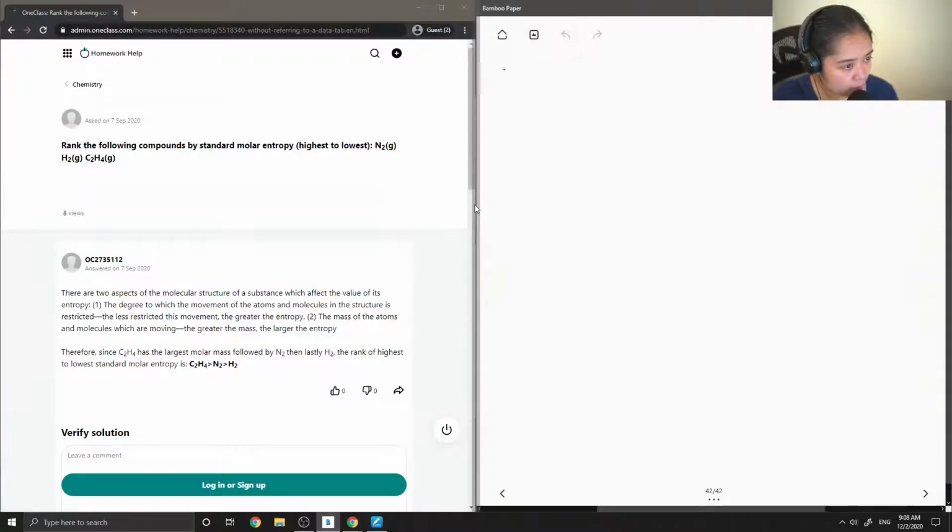Okay, so question 5 says to rank the following compounds by standard molar entropy from highest to lowest. Okay, so first let's define what entropy means.